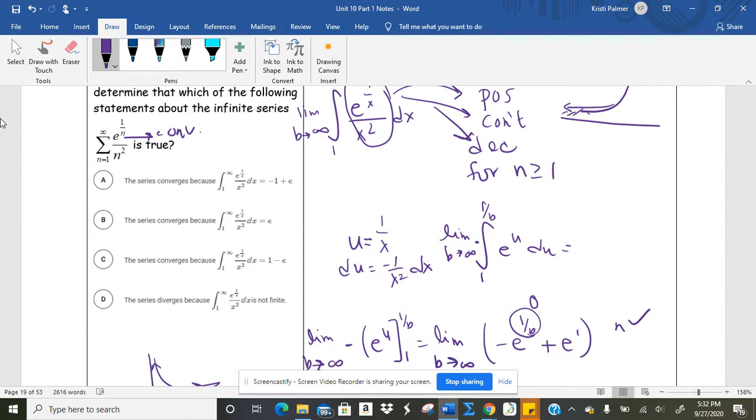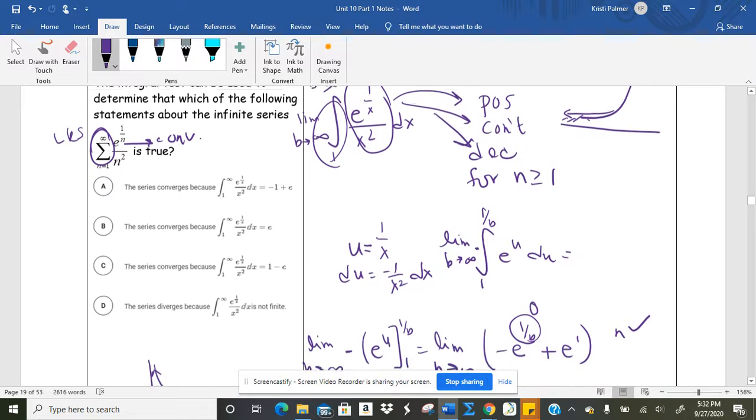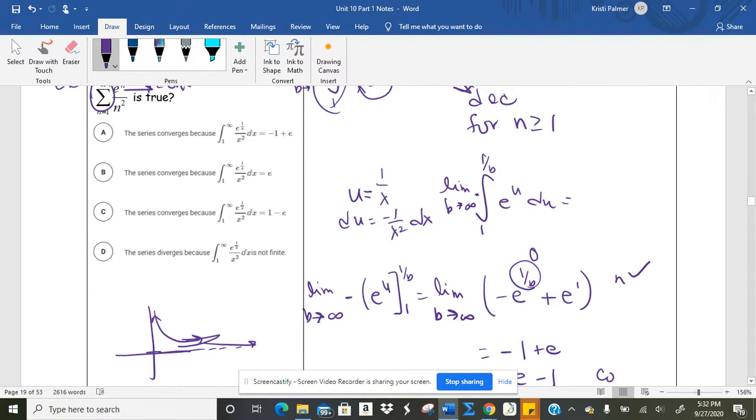We don't know what to. We know that it went from 1 to 1, so this would be bigger than the integral, because that would have been from a left Riemann sum. So here we have that this is convergent, and it converges because, yep, there we go, it is part A. If we were to match up which one worked.